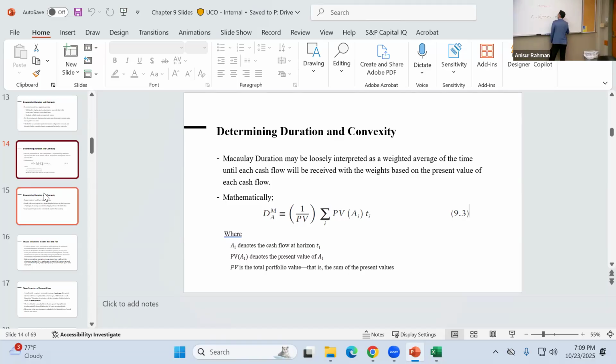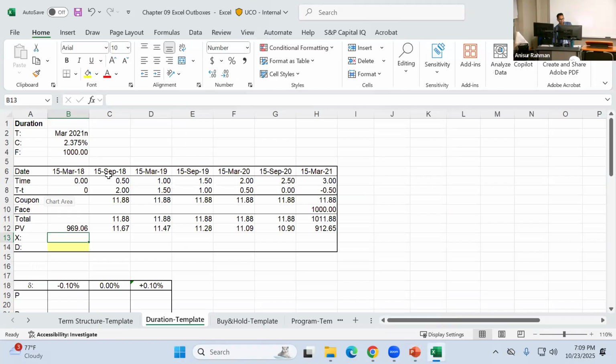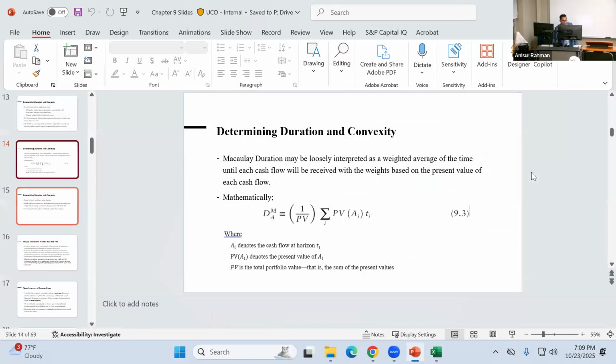It goes on, and in our case, in the Excel, how many do we have? 6, right? It goes on until the present value of A6 times the T6, right? Okay. So this is what you get if you unpack the formula.